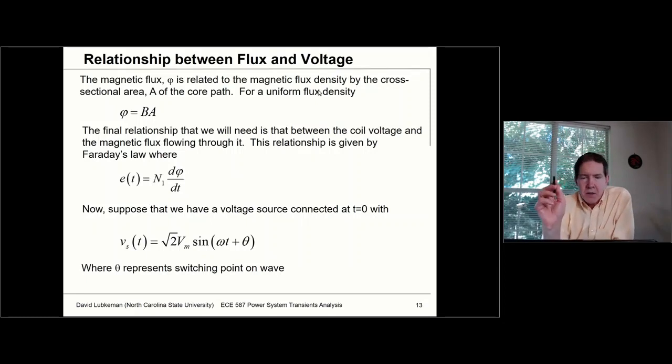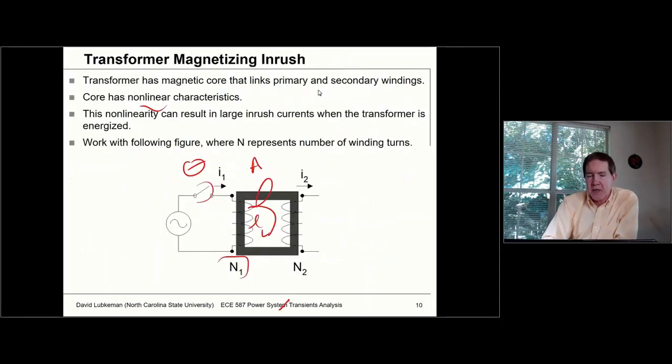Okay, so let's try to piece something together here where we can quantify this, because in the end what I want to do is figure out, if I energize this circuit, what can I expect for this current? How can I predict this current?